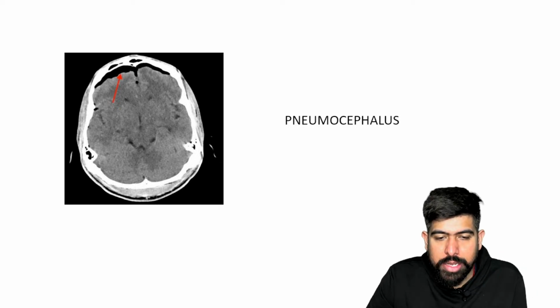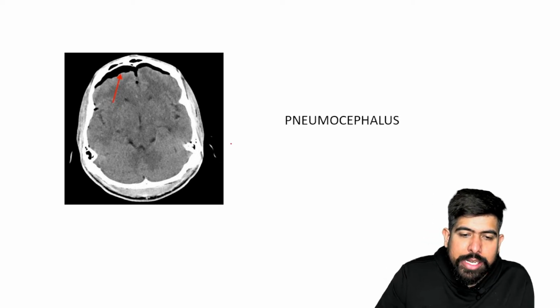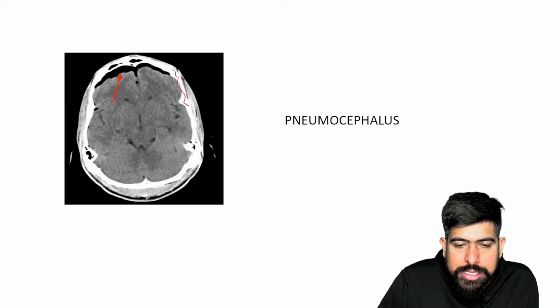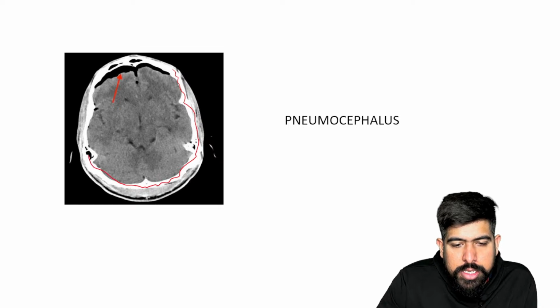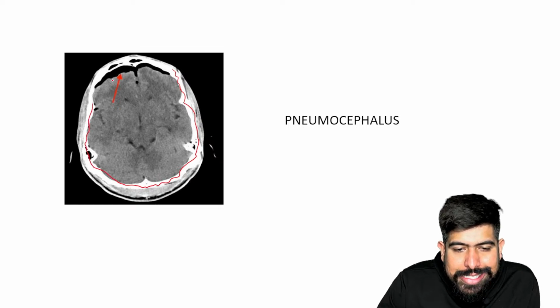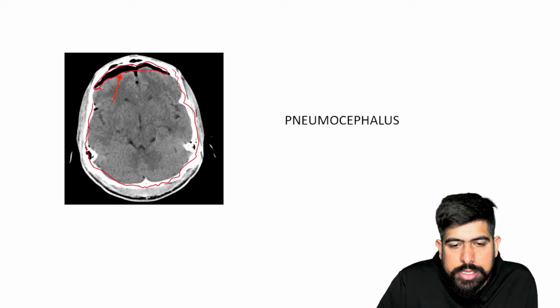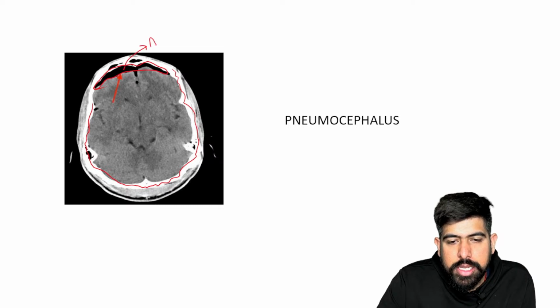Guys, this is a CT scan, first of all. Why is it a CT scan? Can you identify that this skull bone is bright white? Yes or no? So this is bright white, and this is the dark area where we have air. This is the air.